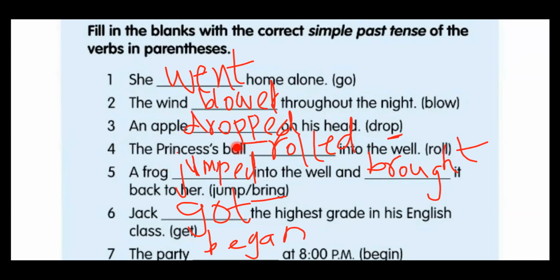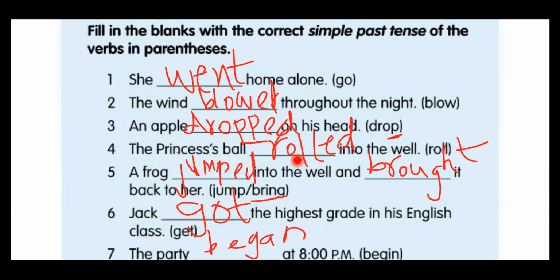Next, the princess's ball rolled. Okay, rolled.